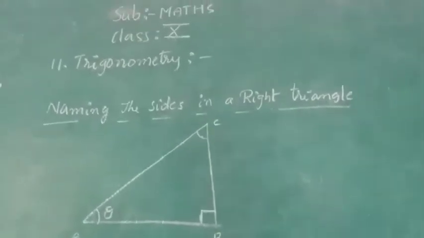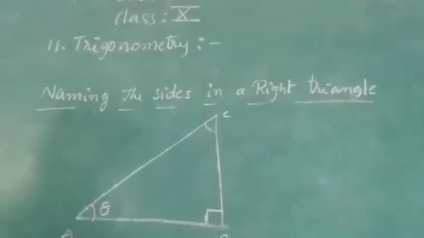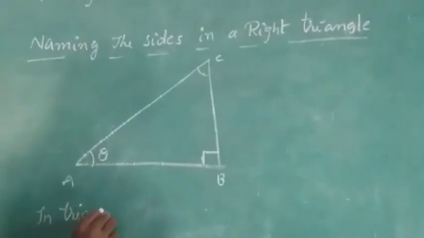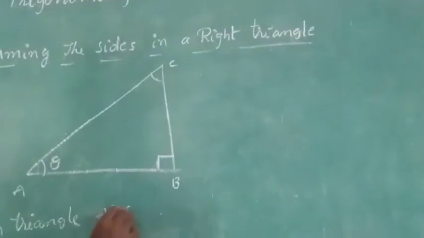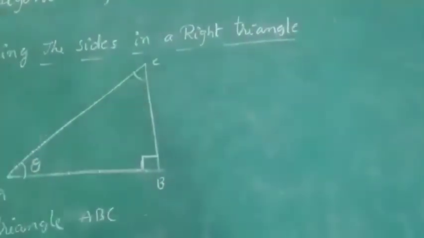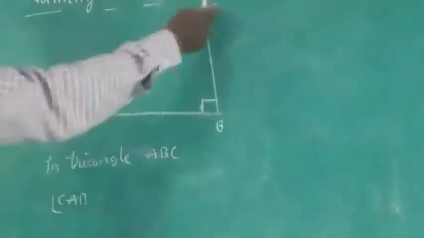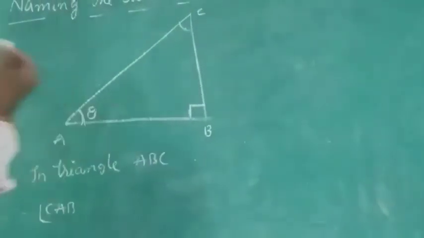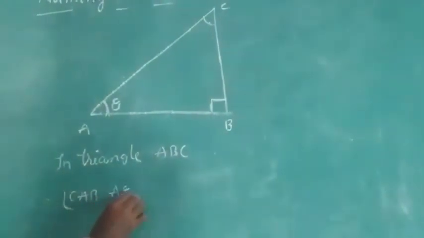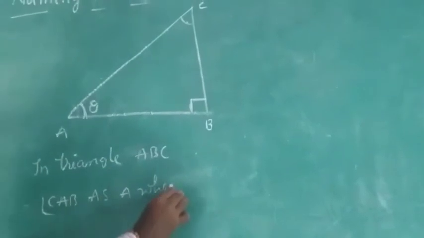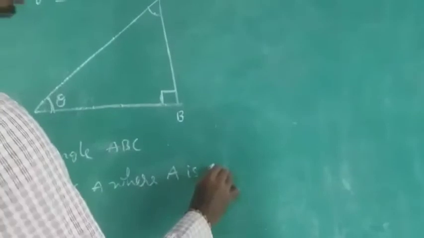If you consider triangle ABC, see angle CAB. This is an acute angle. We call CAB as A, where A is an acute angle.